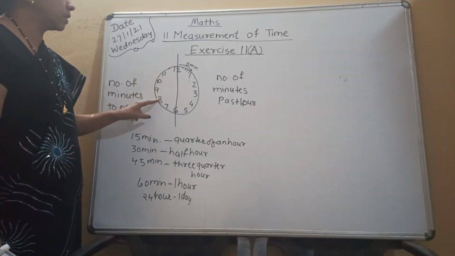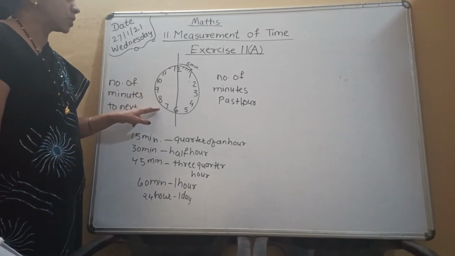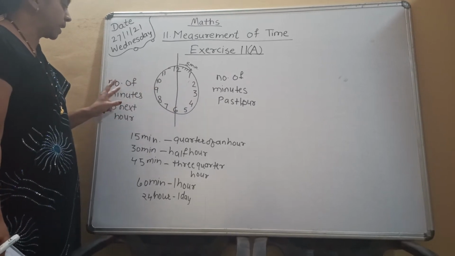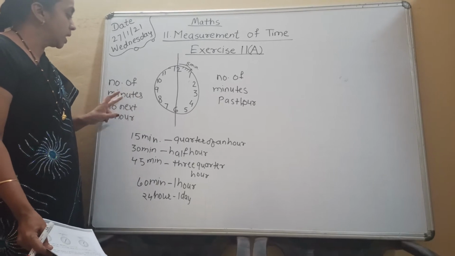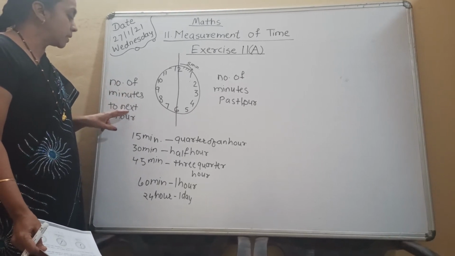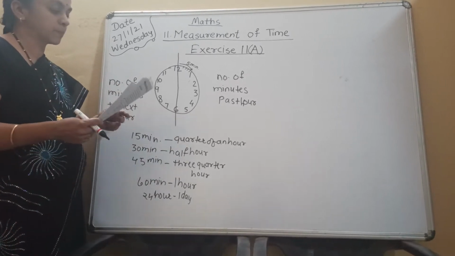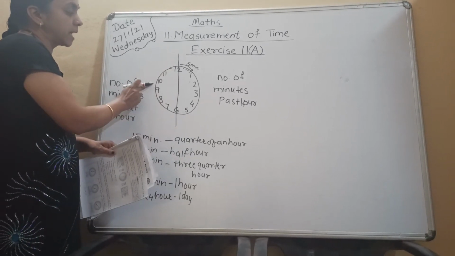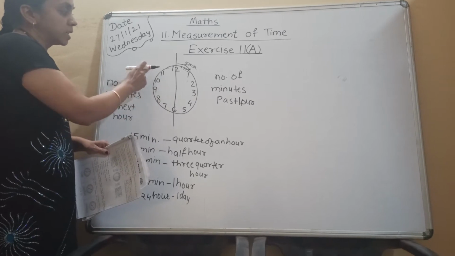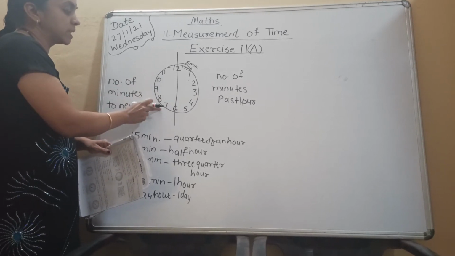So, this is our clock. This is our watch. This left hand side of the clock gives us how many minutes are there to the next hour. Okay, so the left hand side means this, from 7, 8, 9, 10, 11. Suppose the hour and minute hand are on these numbers.